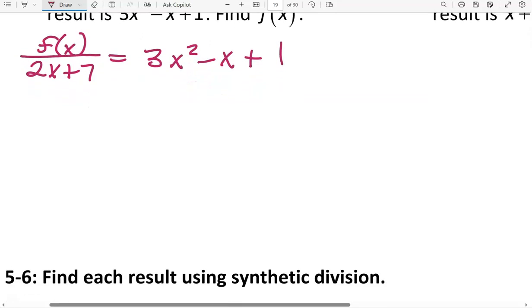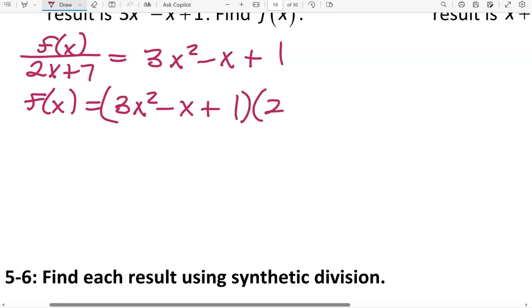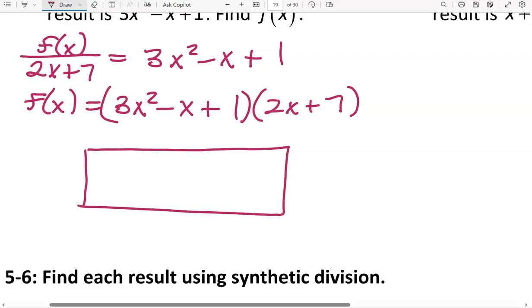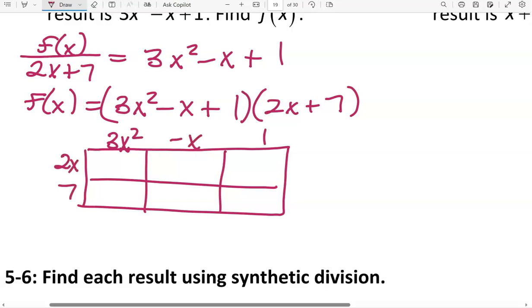In order to do so, I'm just going to multiply both sides by 2x plus 7, so 3x squared minus x plus 1 times 2x plus 7. If you want to use a box to perform that multiplication, you can. 3x squared minus x plus 1 times 2x plus 7, that's 6x cubed minus 2x squared plus 2x plus 21x squared minus 7x plus 7.